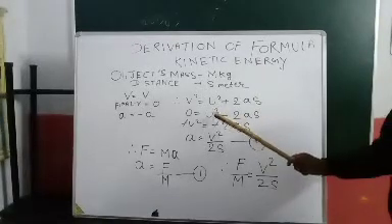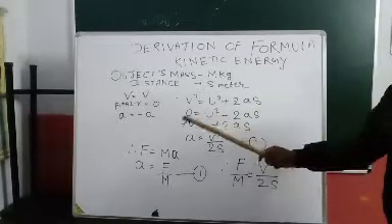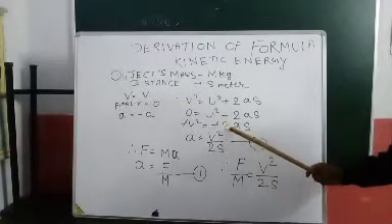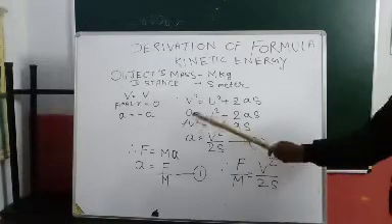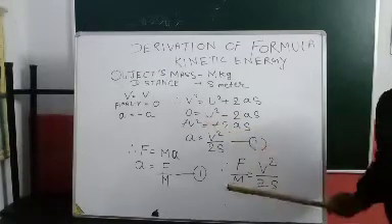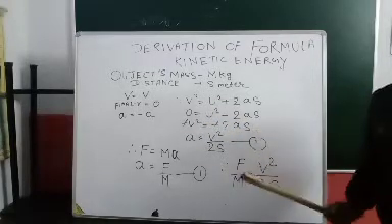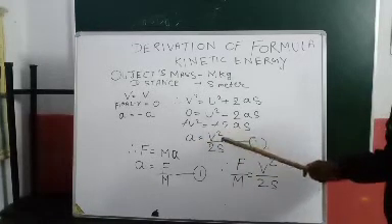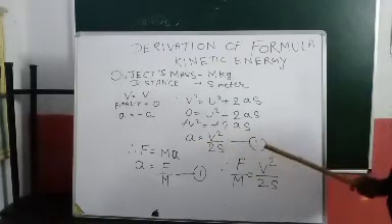This goes to the left hand side: u square equal to 2as. The minus on both sides has been cancelled. So a equal to u square by 2s, equation first.